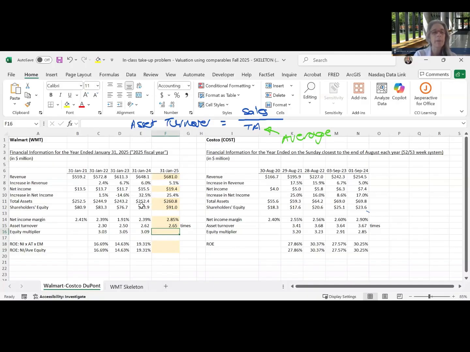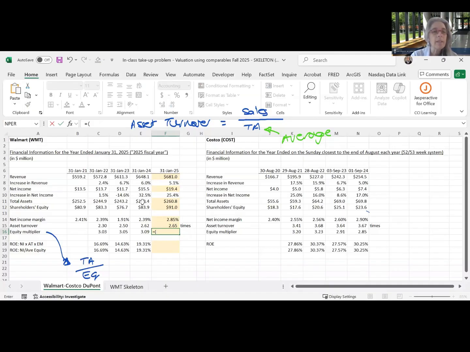Okay, and then equity multiplier again is a balance sheet number, so we've got to do averages. So actually let me just write it. So equity multiplier is total assets over equity.